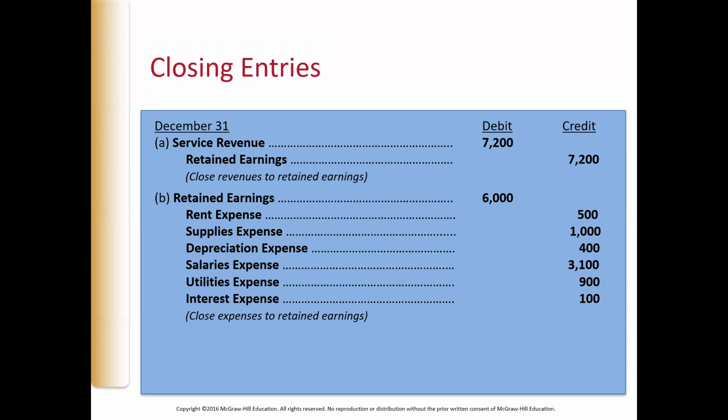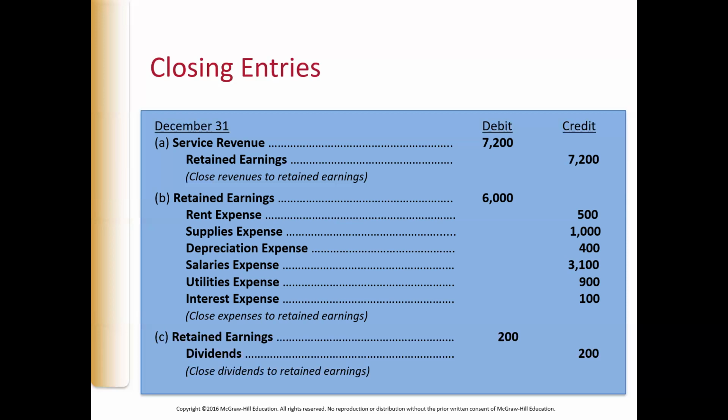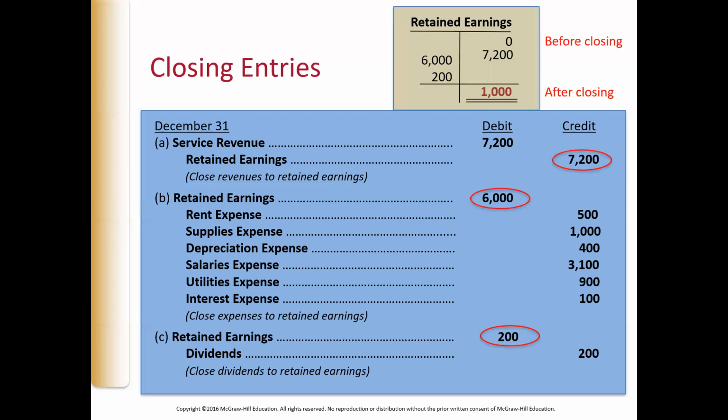So by doing this, our retained earnings increases, which is what showed up on the statement of stockholders' equity. And then if we pay dividends, we're going to zero out those dividends also. Basically, what we're doing here reflects what happened on the statement of stockholders' equity in the retained earnings account.